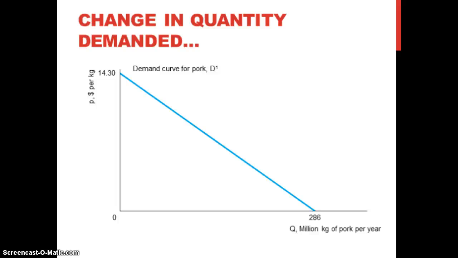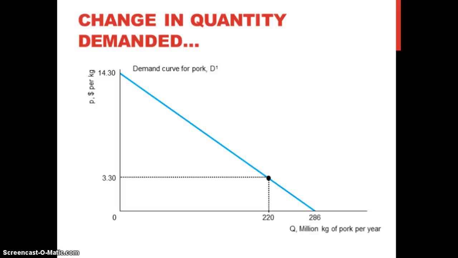So now we understand we are seeing a simplified demand curve, which is determined by its price. In this graph, when the price of pork is $3.3, the quantity of pork is 220 million kilograms.